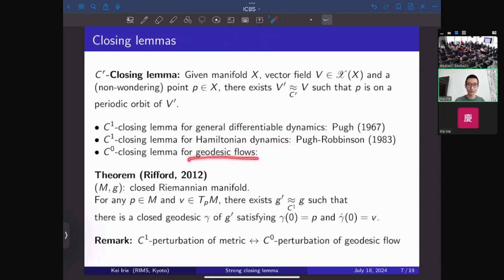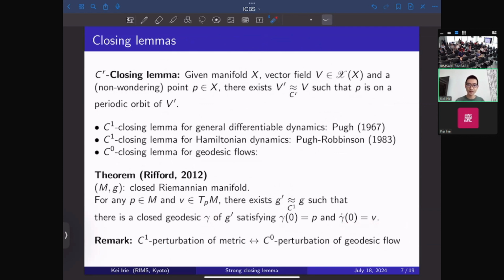And for geodesic flows, which are a very special class of Hamiltonian dynamics, so far the best result is the C^0 closing lemma proved by Rifford, which says that when (M, g) is any closed Riemannian manifold, p is a point and v is a tangent vector, there exists a metric g' which is C^1 close to g, and such that there is a closed geodesic gamma such that gamma(0) = p and gamma dot(0) = v.